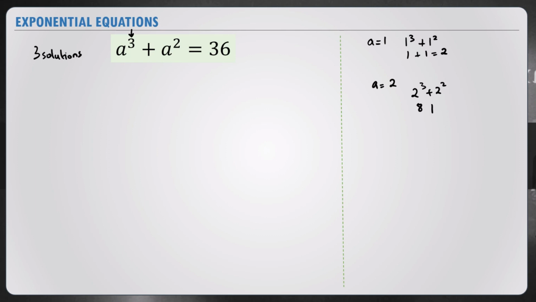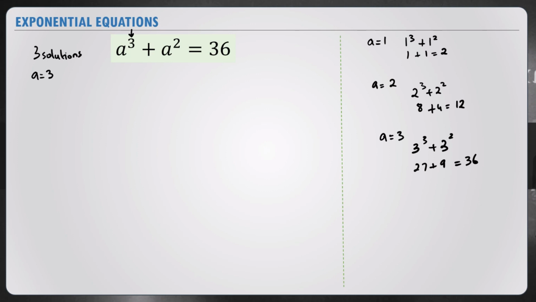That's 8 plus 4, that's 12. No, it's not true. Let's say a is equal to 3. We have 3 cubed plus 3 squared. We have 27 plus 9, which is 36. So one of the solutions is a is equal to 3.